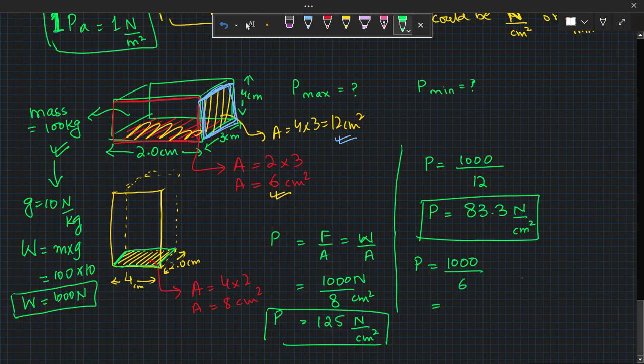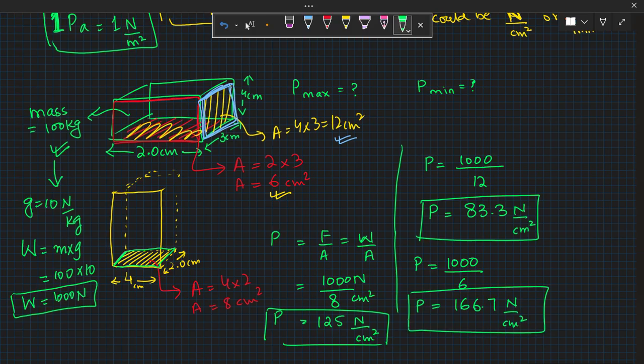It's going to be around 166.7 Newton per centimeter square. Now, what are you getting from these three pressures? What is the minimum pressure and what's the maximum pressure? The maximum is going to be 166.7, right? So this is going to be your maximum pressure, and this is going to be your minimum pressure, right?